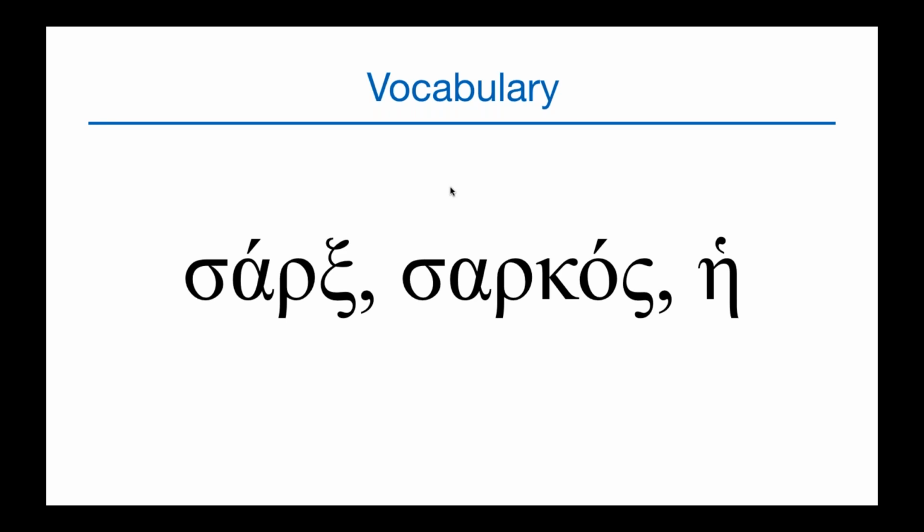Sarx. I would say the best way to learn this word is flesh. It can mean body. This is the word that we get sarcophagus from.